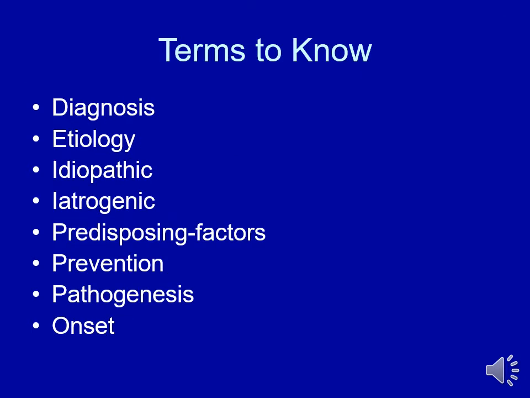Now, some other terms. Diagnosis refers to the identification of a specific disease through evaluation of signs and symptoms, as well as lab tests or other tools to figure out what is going on with that particular patient. Etiology. This concerns the causative factors in a particular disease. And it could be many things that cause it.